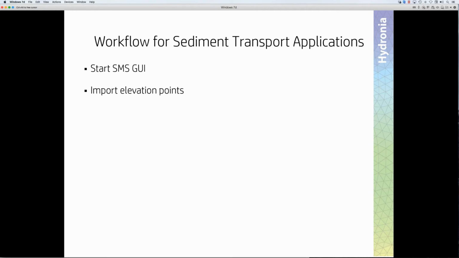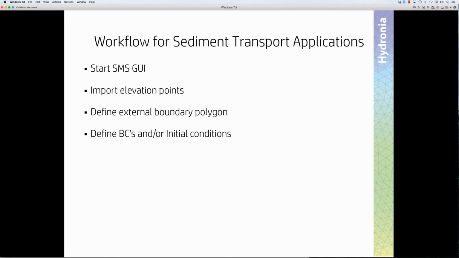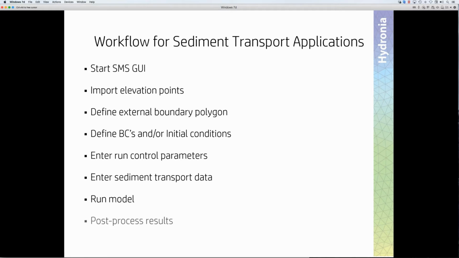We then import the elevation points, define the external boundary polygon, then we'll define the boundary conditions, inflow and outflow, enter the run control parameters, how many parameters you need to run the model with sediment transport, and so forth, sediment transport data, and then run the model and finally visualize results. So we'll try to cover this step-by-step process.